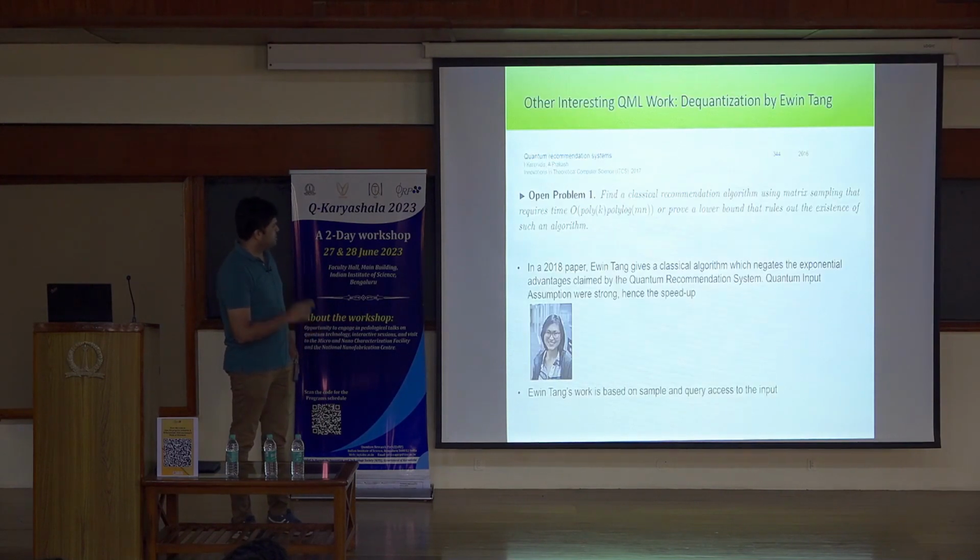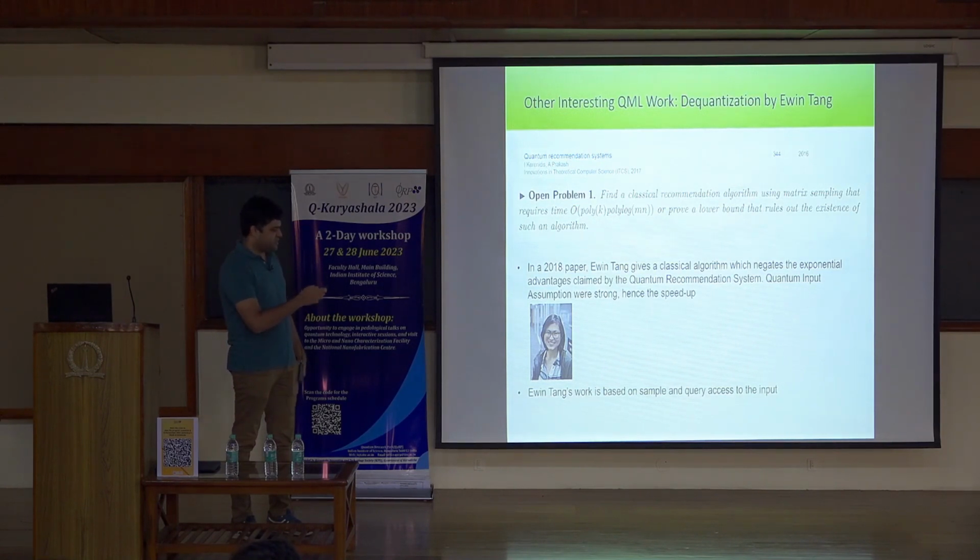And there's this quantum recommendation systems problem. It made a lot of news in the quantum machine learning literature. The idea is to find a classical recommendation algorithm; they say this is an open problem, which requires time polynomial in K. K is the low rank representation of a preference matrix, and M and N are the dimensions of that matrix.